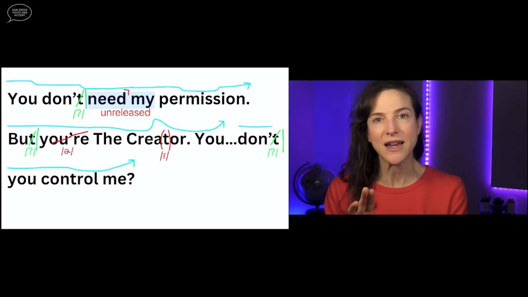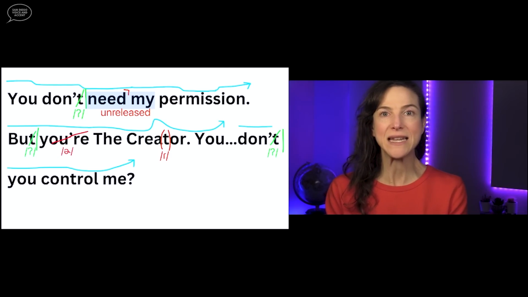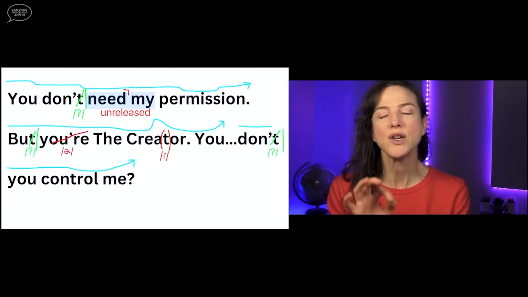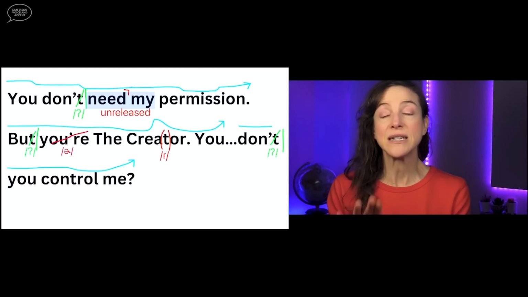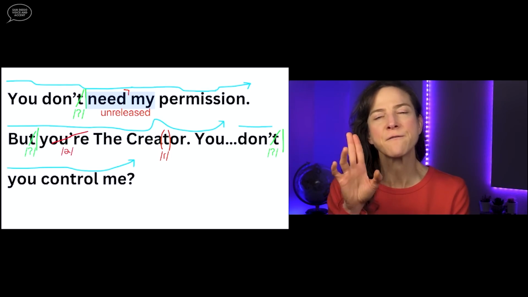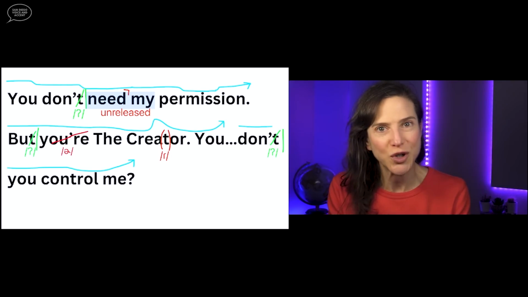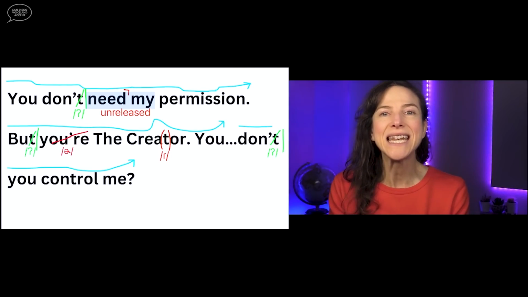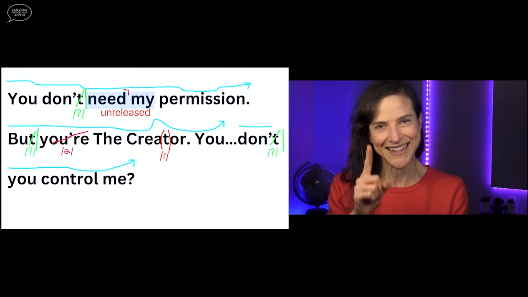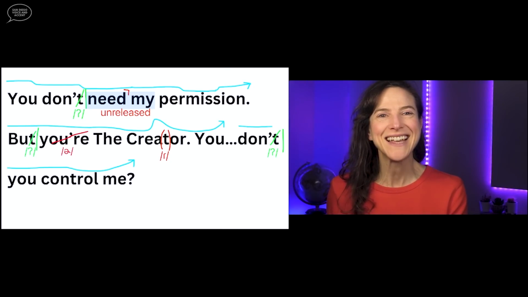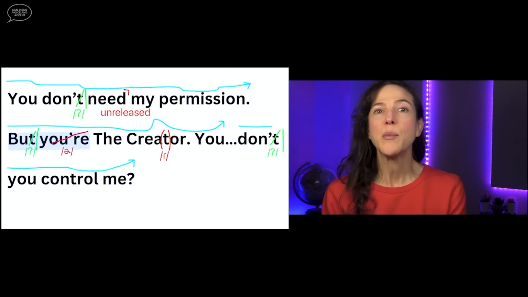There's no release there. Need my, unreleased D. Super challenging to pronounce, but tongue tip comes up and you're just pronouncing the first part of the D. Need before you would drop it, right? Need. It's this little teeny tiny sound. That's it.